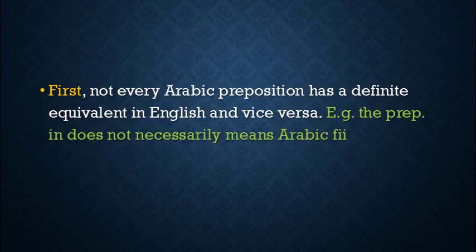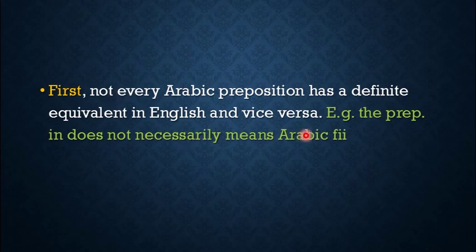So here are the reasons that actually cause the problems in the usage of prepositions for Arab learners in particular, and even for English speakers who are trying to learn the Arabic language. So the first reason is that not every Arabic preposition has a definite equivalent in English and vice versa.